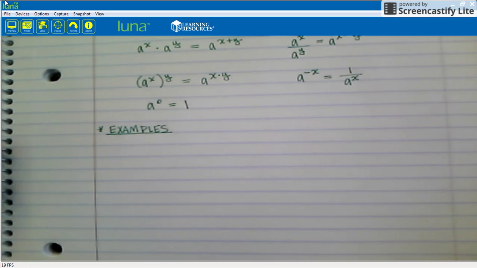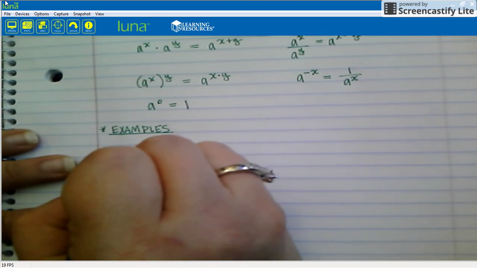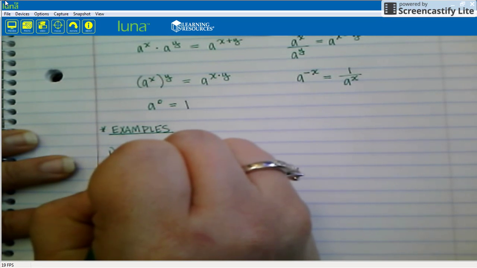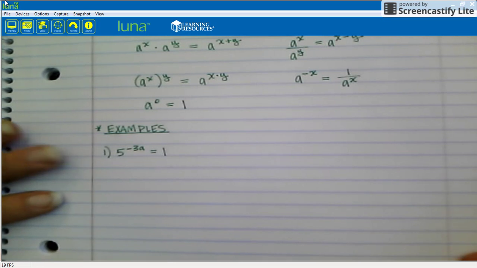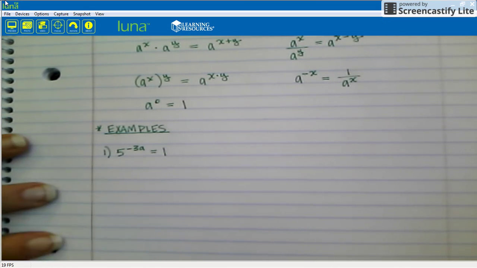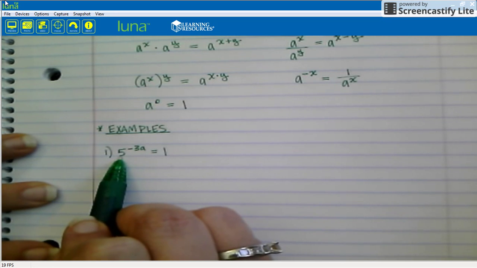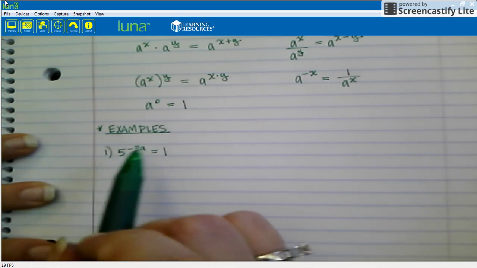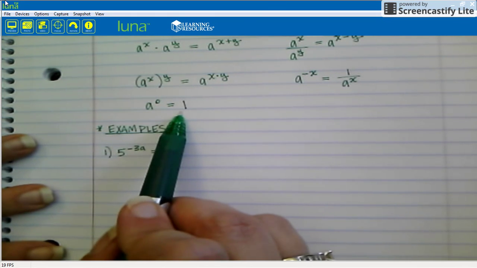So to start off, number 1, we have 5 to the negative 3a equals 1. Well, in order to use the one-to-one property, I need to have both sides of my equation have the same base in the power. So from my laws of exponents, I know that any number raised to the power of 0 is going to be 1.